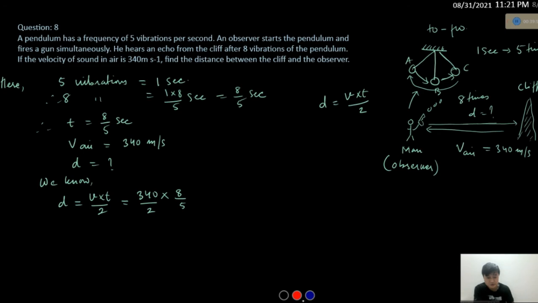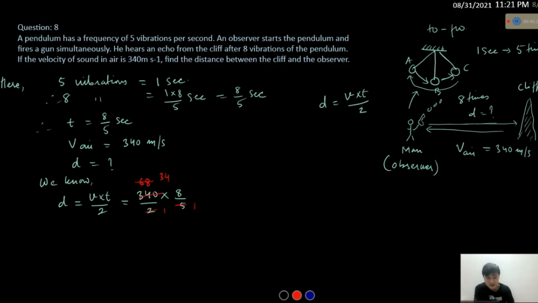So we'll cancel here. 5 will cancel. 5 1 are 5, 5 6 are 30, 5 8 are 40. 2 1 are 2, 2 3 are 6, 2 4 are 8.